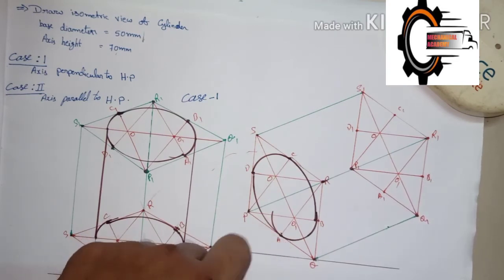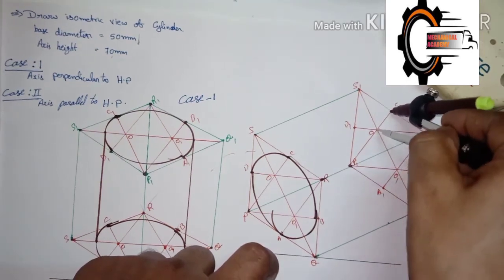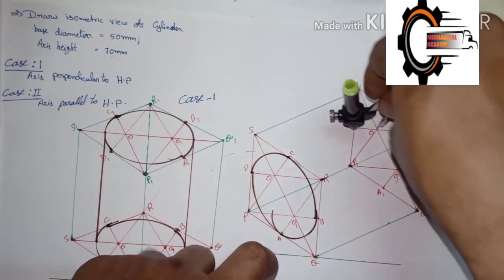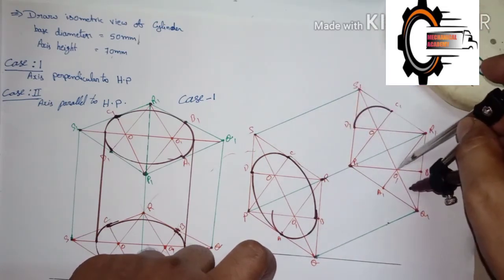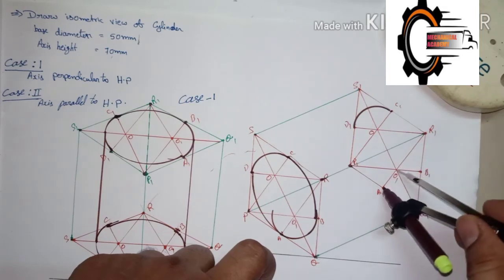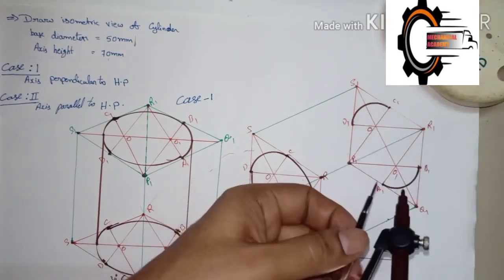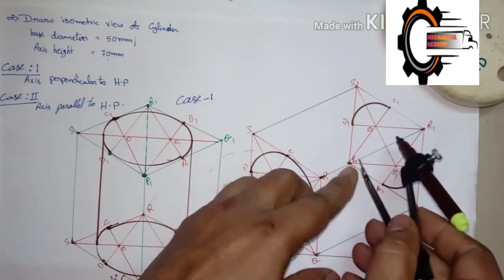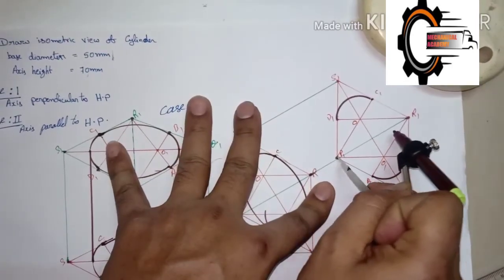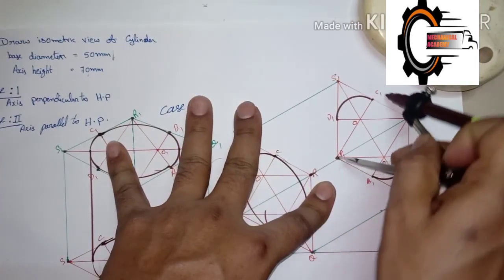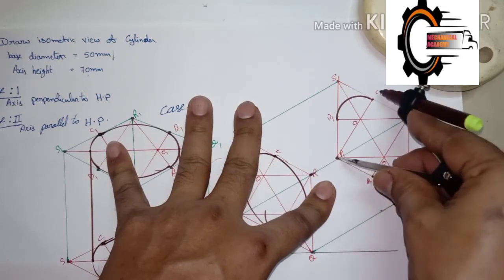In the same manner, we have to draw an arc which passes from O1, like this. Similarly O1 to A1. Okay, and from P to C.